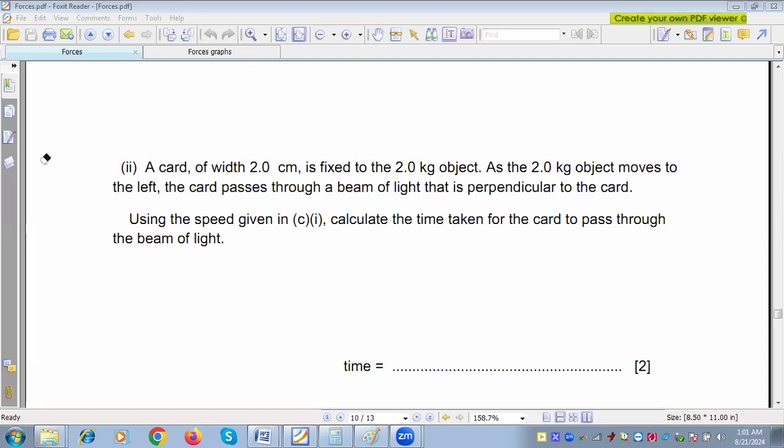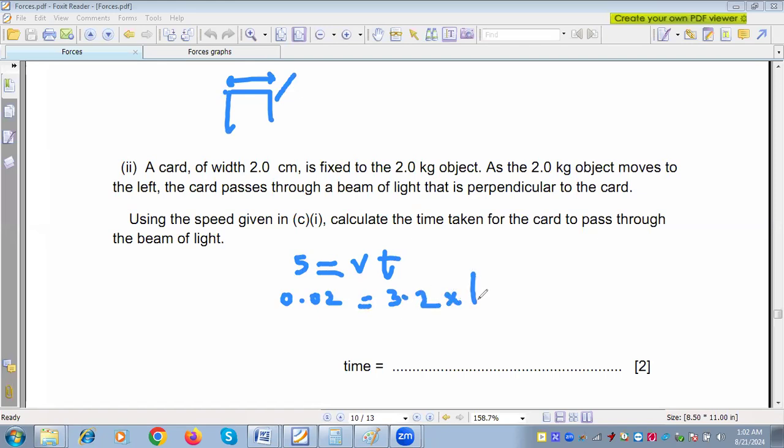The width is 2 centimeter, means the distance moved by the card is 2 centimeter. The beam which is passing through this will be blocked for the distance of 2 centimeter. So s is equal to vt. The distance is 2 centimeter, means 0.02 meters, equals to 3.2 into t.